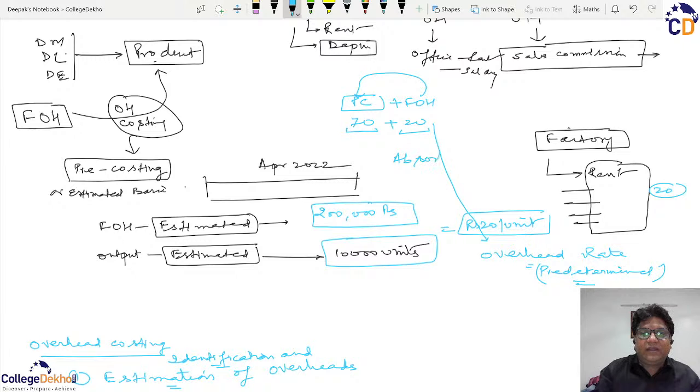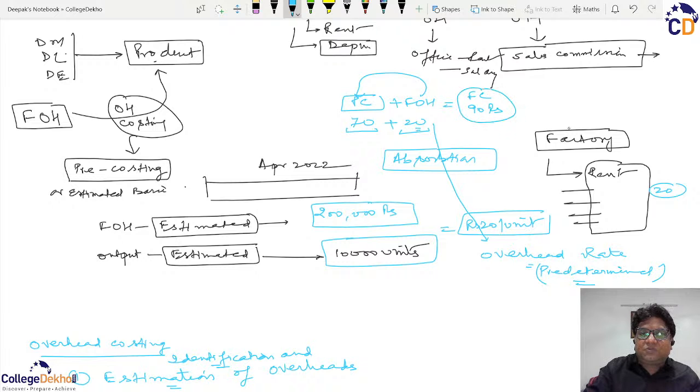So we say that a unit of product with prime cost 70 has absorbed rupees 20 as the factory overheads, so the factory cost comes out to be rupees 90.